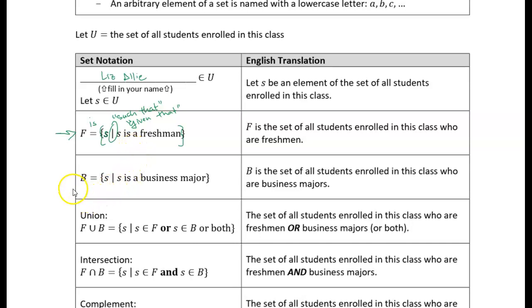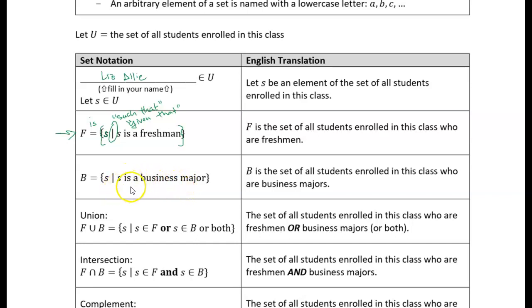The same way down here, we're defining another set, B, and B we define to be all the business majors in the class. So we can read this statement as B is the set of all S, where S is a student, an arbitrary student, such that S is a business major.